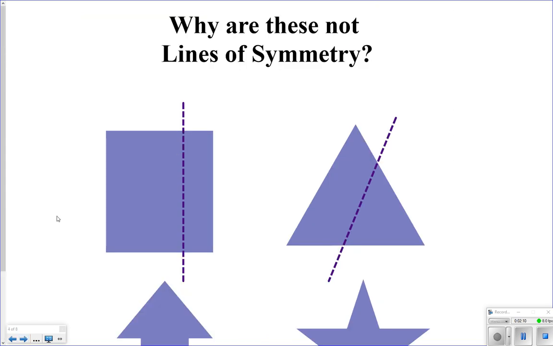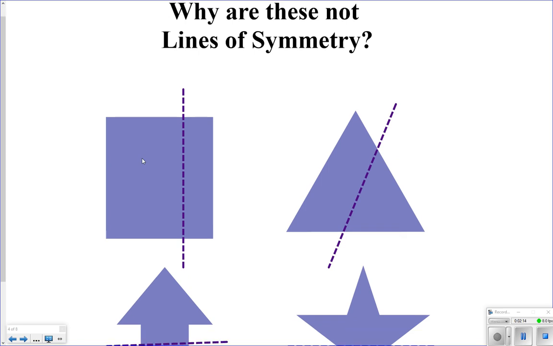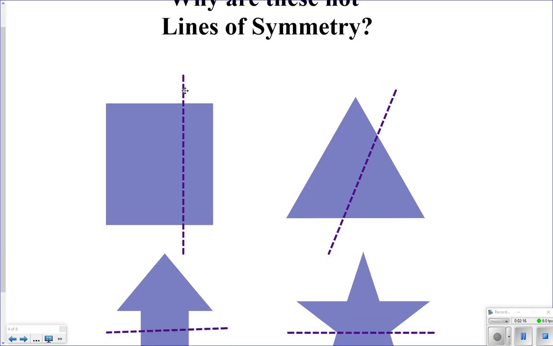Okay, now why are these not lines of symmetry? Because with this line, when you fold this shape on it, you won't get two equal parts. This part, the right part, is not equal to the left part.